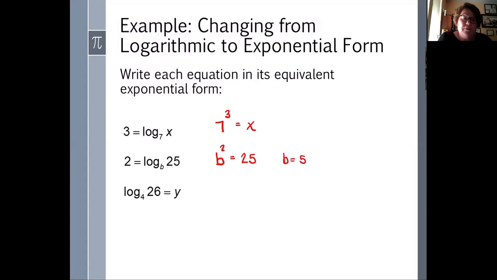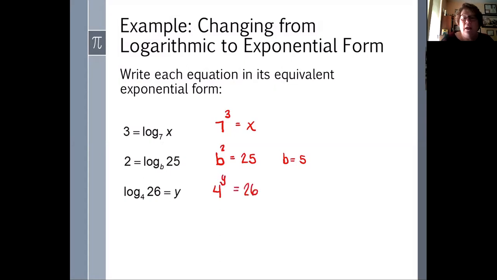The log base 4 of 26 equals y. So again, y is the exponent that I raise my base to get the number 26. So in exponential form, our base is 4. We're raising that to the y power, and that's equal to 26.